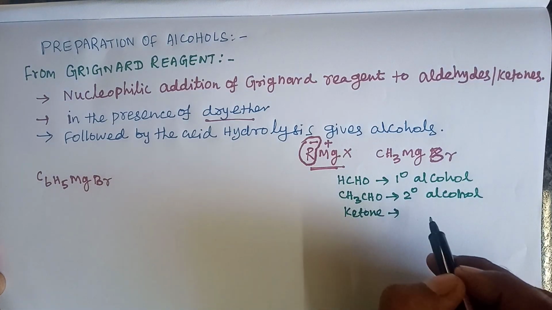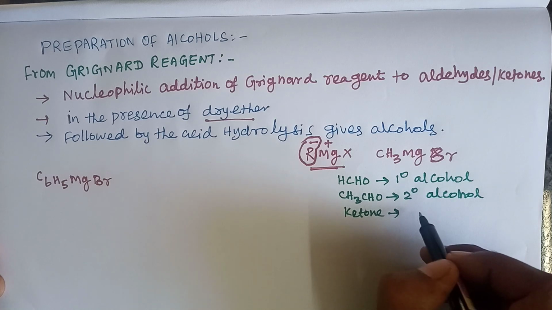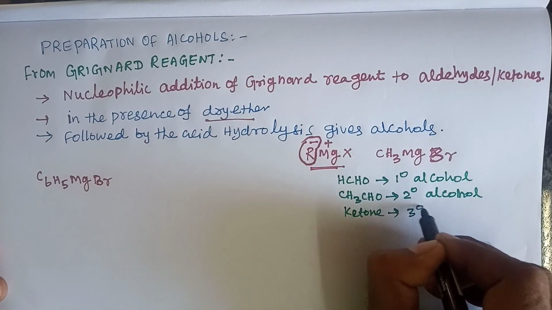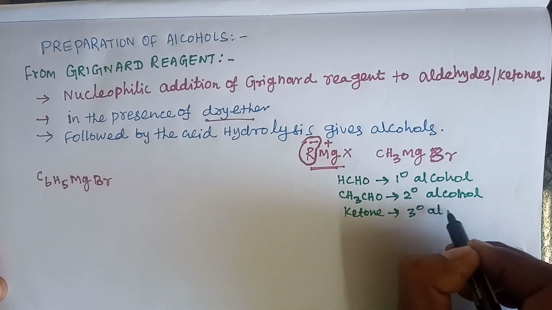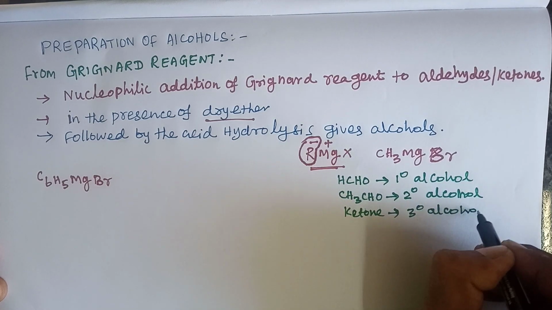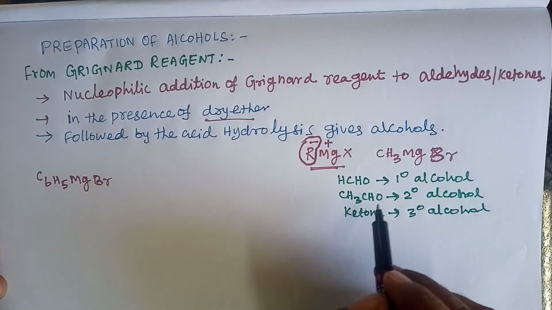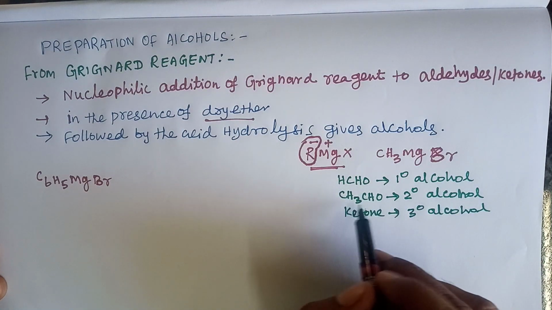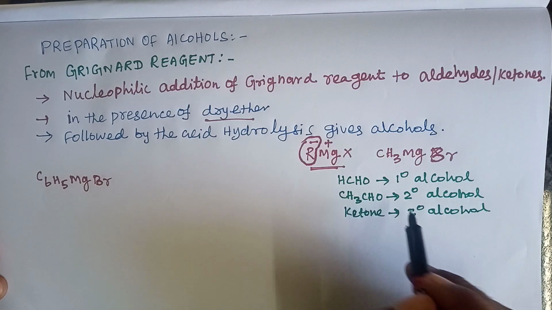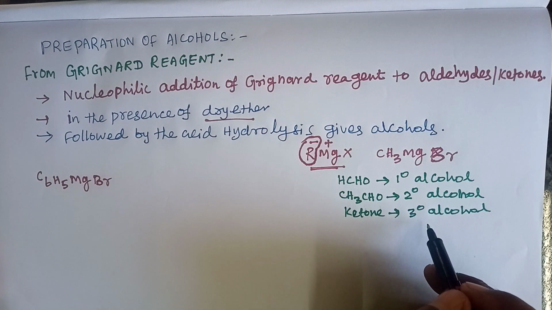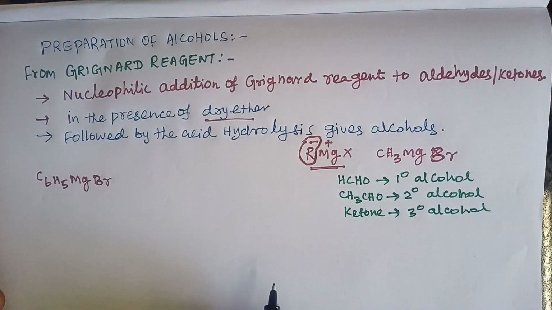So from Grignard reagent we can prepare all types of alcohols. Keep in mind, if you use formaldehyde, it gives primary alcohol. If you use other aldehydes like acetaldehyde, it gives secondary alcohol. If you use ketone, it gives tertiary alcohols.